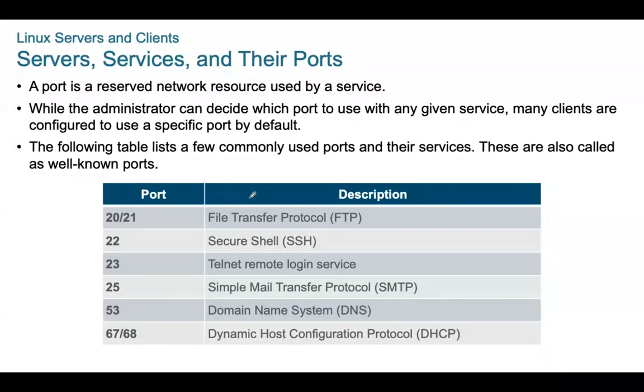There you can find what are the different services that a server can provide. You might have heard about the service file transfer protocol. In file transfer protocol, these protocols are used to upload or download a huge volume of files from your client to server or server to client.